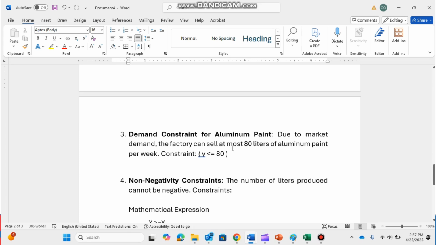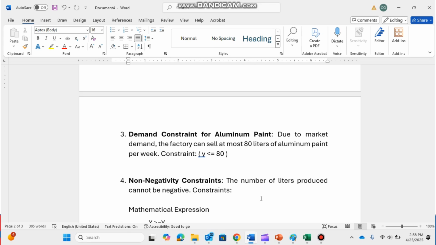Now remember, in this kind of problem you must not get a negative value. So it is very important to make an expression of the non-negative constraint. It is essentially important.